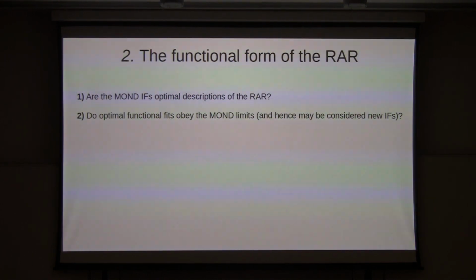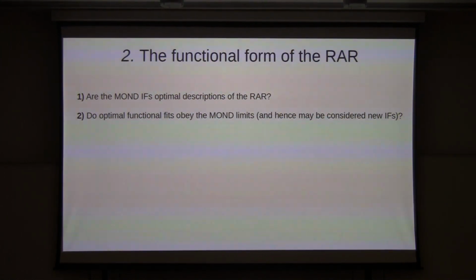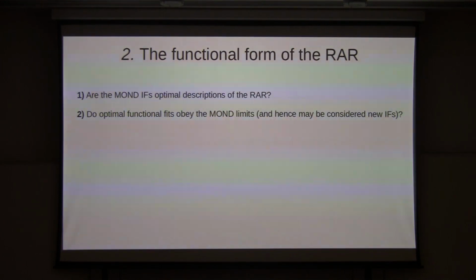Methods for optimizing the functional form of a data set, as opposed to simply optimizing the numerical values of free parameters that appear in a function, go by the name of symbolic regression.